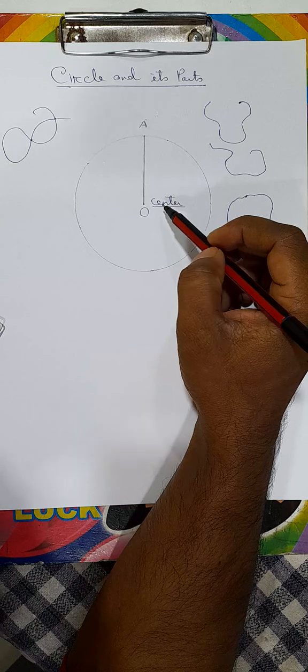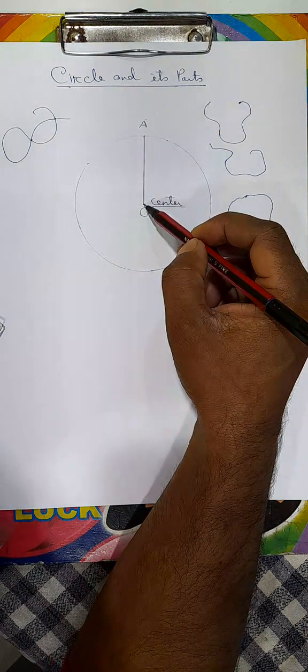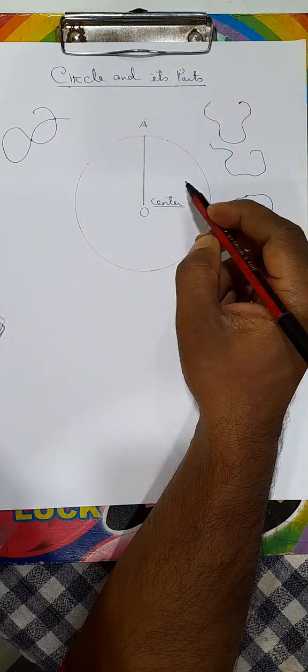It is obtained by joining points which are equidistant from a given point. Now this given point is called the center of the circle.